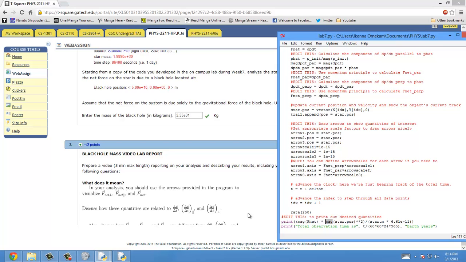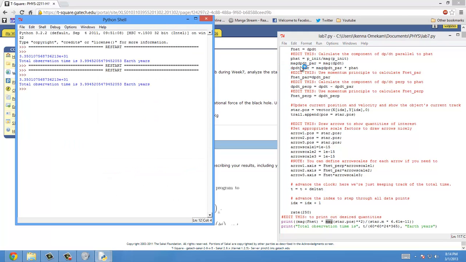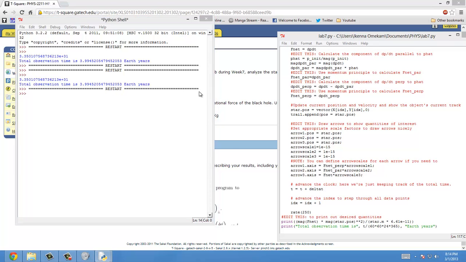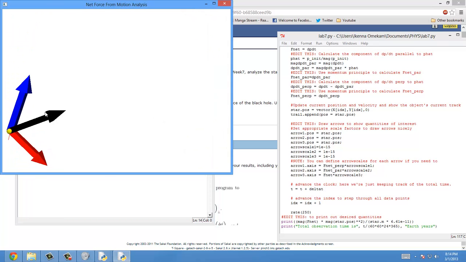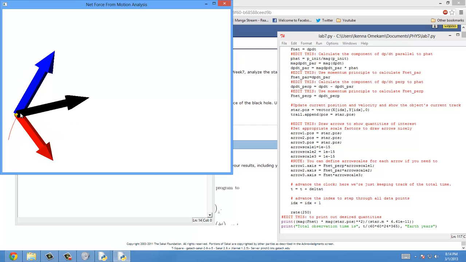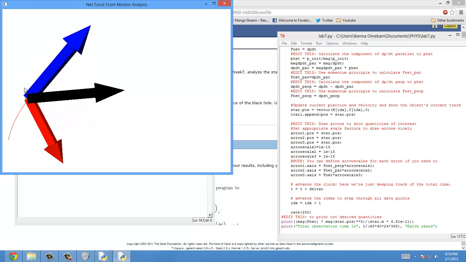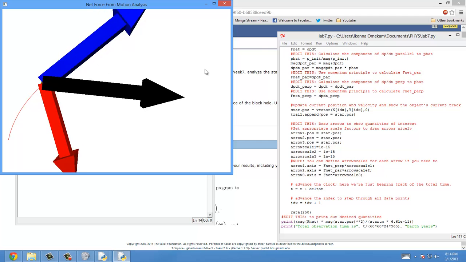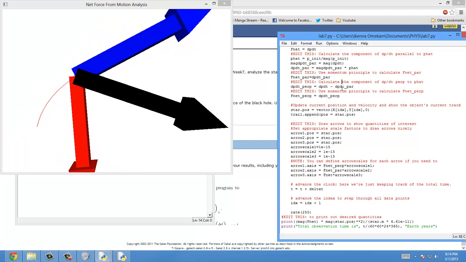And now it wants me to explain how these three are equivalent to these three. Oh, actually, before I do that, let me go ahead and run the program so you can see. I went ahead and slowed it down. The black represents the net force, the red represents the parallel force, and the blue represents the perpendicular forces.